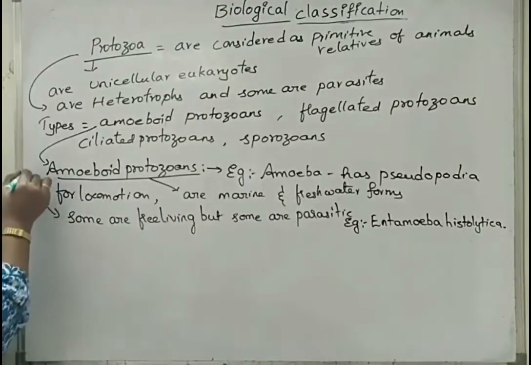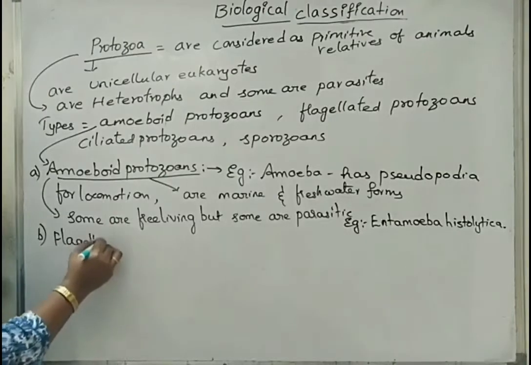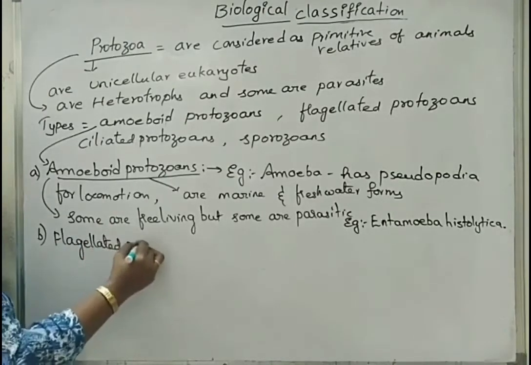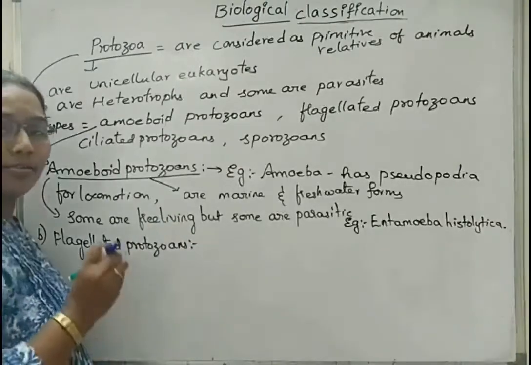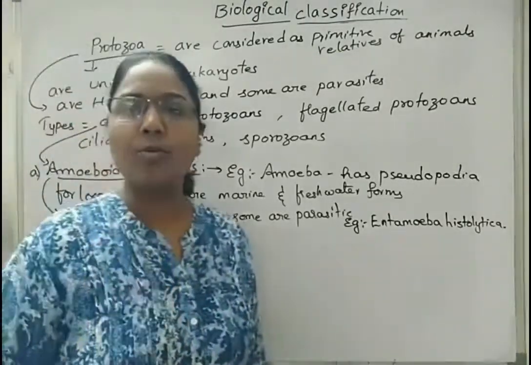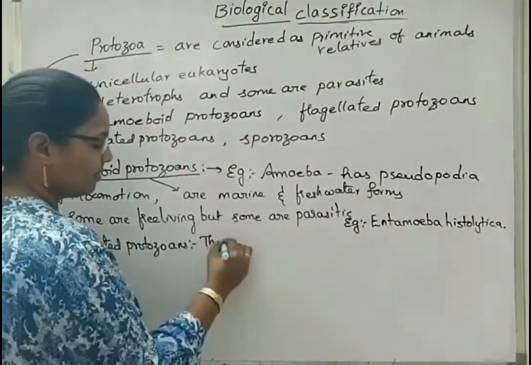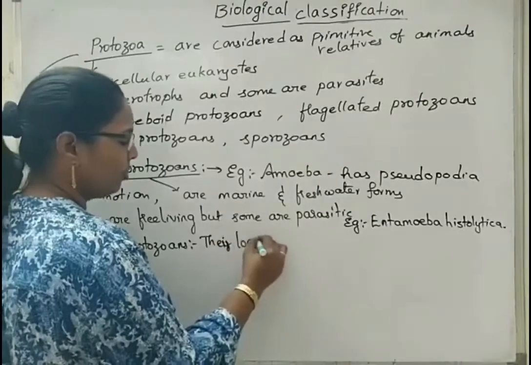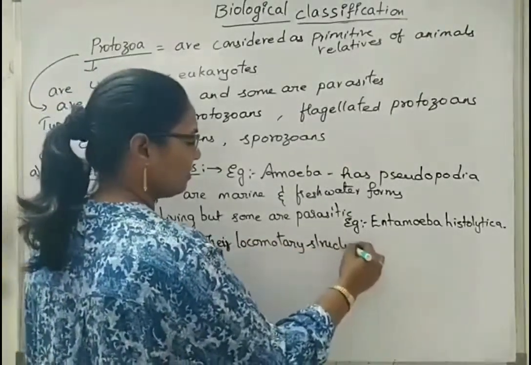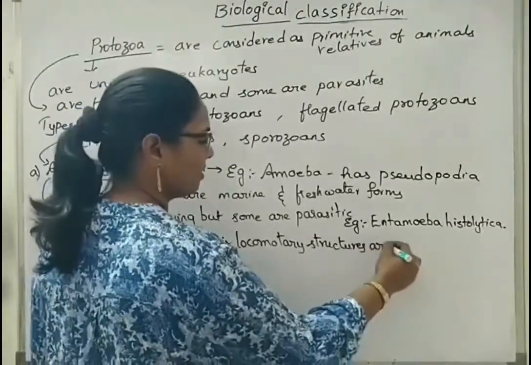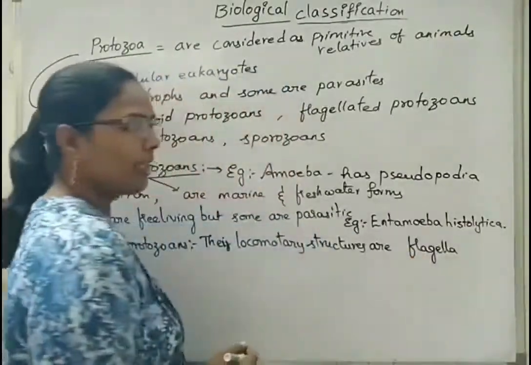Next one, flagellated. So we will give numbering. Second one, flagellated protozoans. Flagellated protozoans means their locomotory structures are flagellum or flagella, which are made up of the protein flagellin.